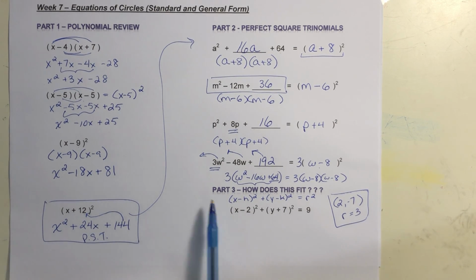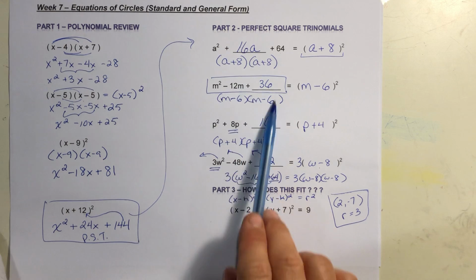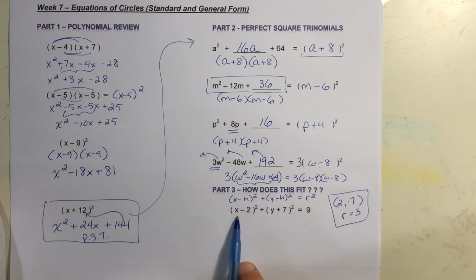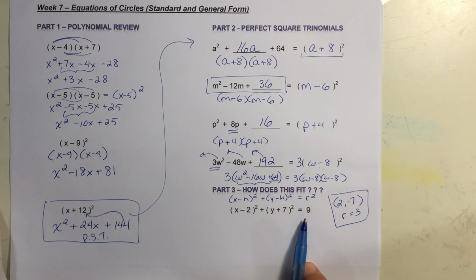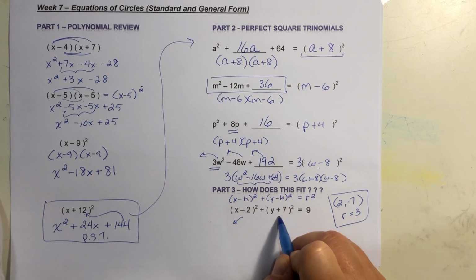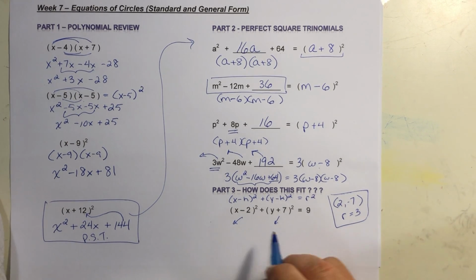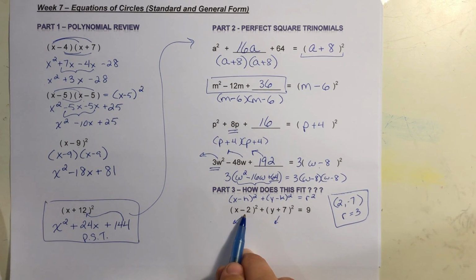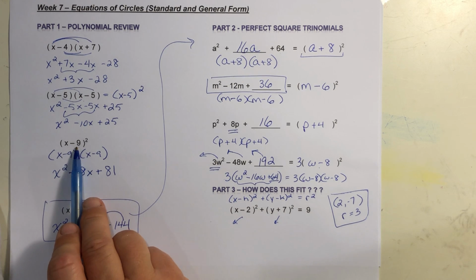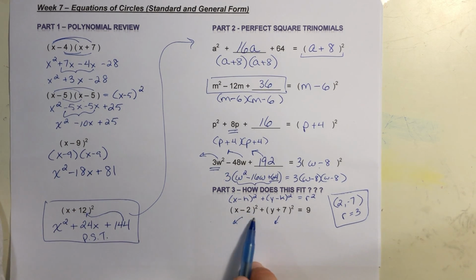But I wanted to go back to all of the stuff that we just talked about and see how this relates to our equations of circles. Right now, this is in standard form. What I'm going to do is expand the whole thing and show you what general form looks like, okay? So here's what I'm going to do. After what we just got done talking about earlier, guys, see like x minus 9 squared? Well, that's this little component here.